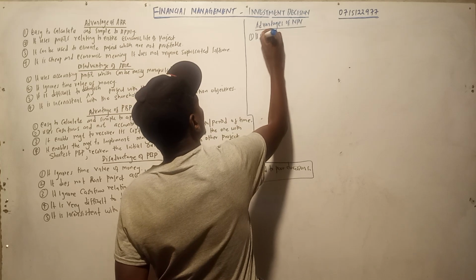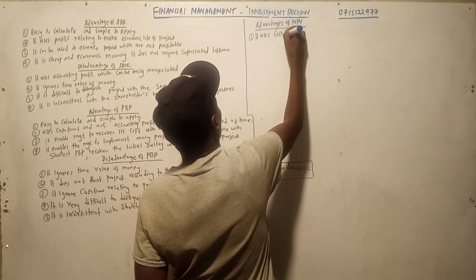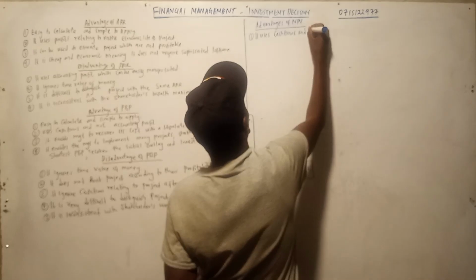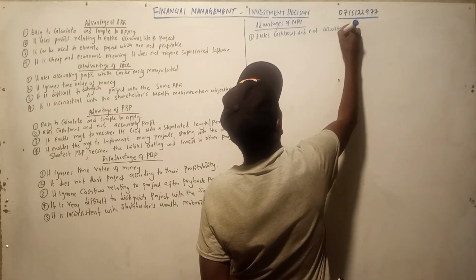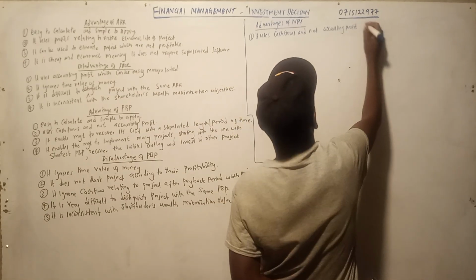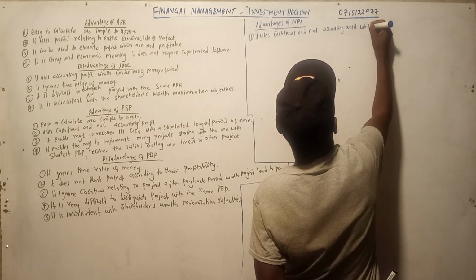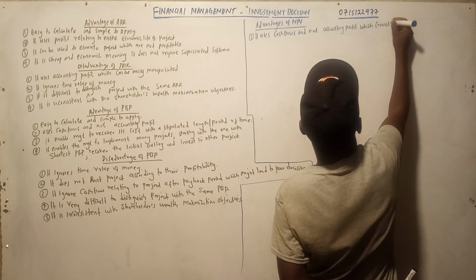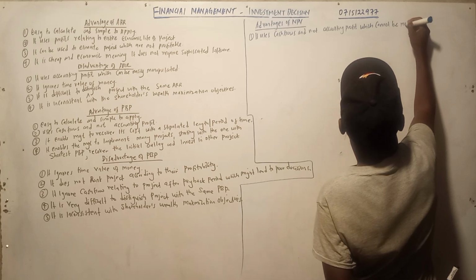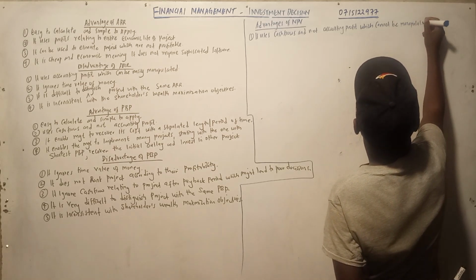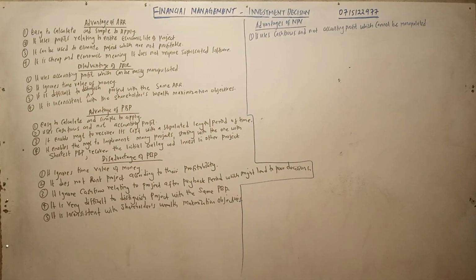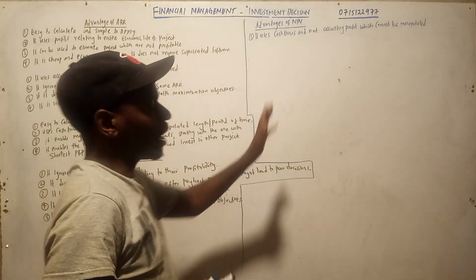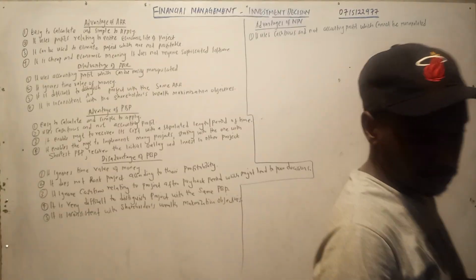So it uses the cash flows and not accounting profit. Remember, accounting profit can be manipulated.